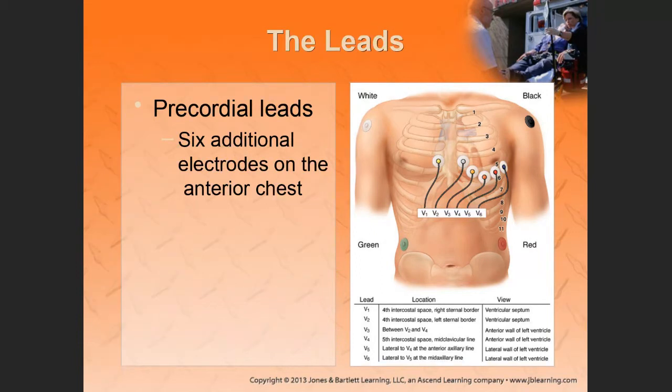Okay, so Mr. Jones has the correct thing. If you're doing a 12 lead ECG, the leads that would look at the left side are lead 1, AVL, V5, and V6.